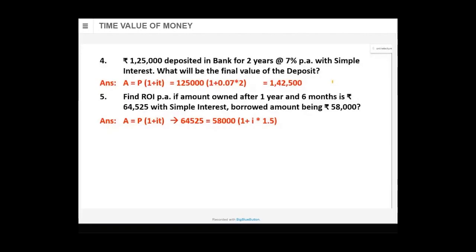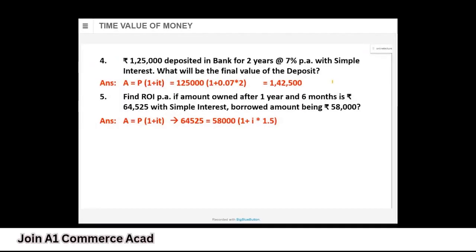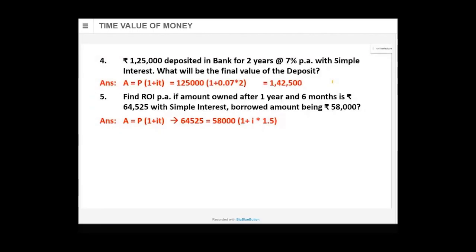I gave you the formula, and I even substitute the values. A is 64,525, P is 58,000, the loan amount, in bracket 1 plus I, we don't know I, so I as it is, into 1.5. Now solve it and get the answer. I'm waiting again. I'll come to another method also.